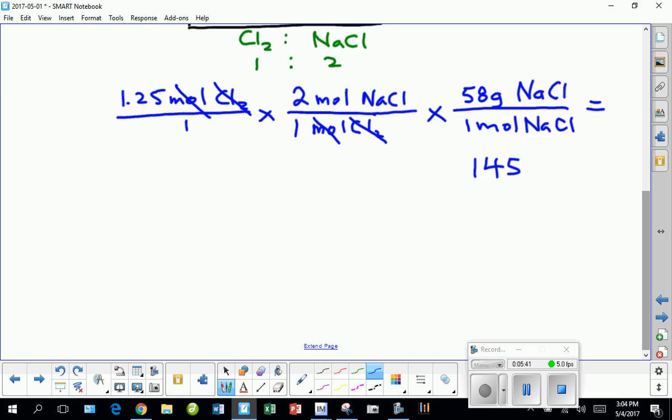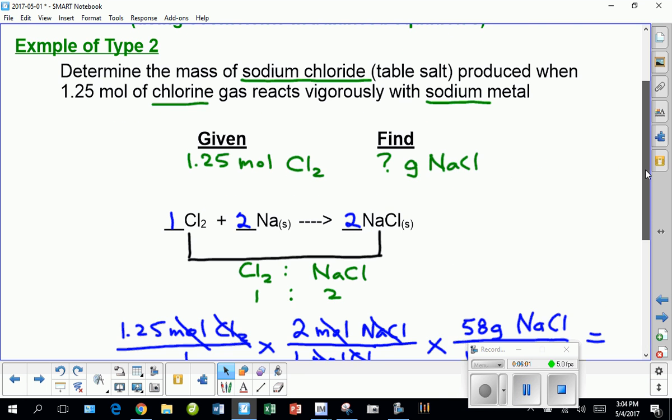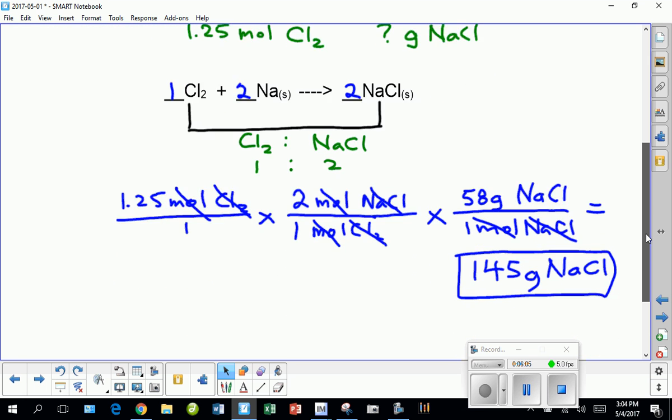Yeah, about 145. And that's going to be grams because moles is all canceled out. So we have 145 grams of NaCl. And we have completed that problem. Okay? Not too bad, huh?